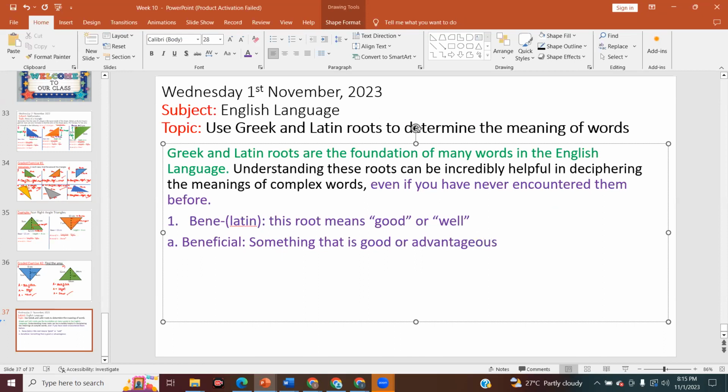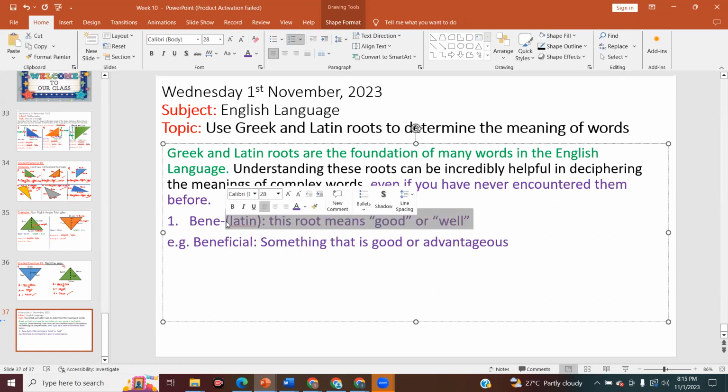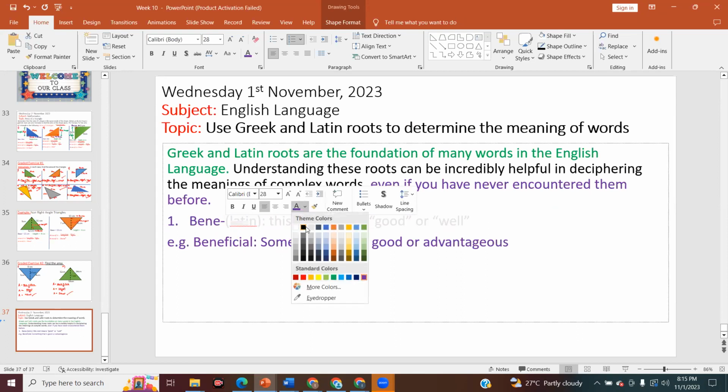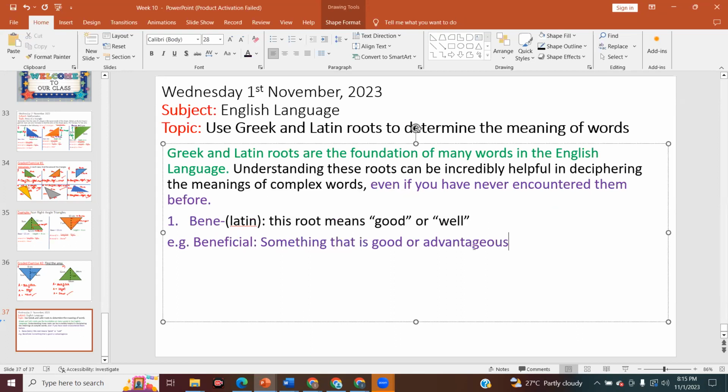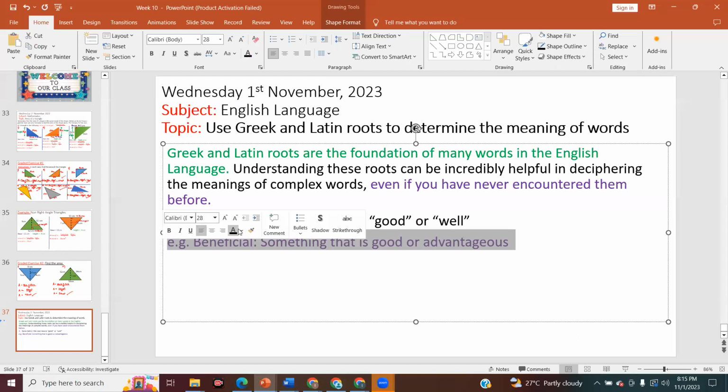Okay, that's an example. Let me put example there. All right, so that's a good one. So Beni means good or well. That's the root. An example of it is beneficial. There's a bunch of words that are like that.